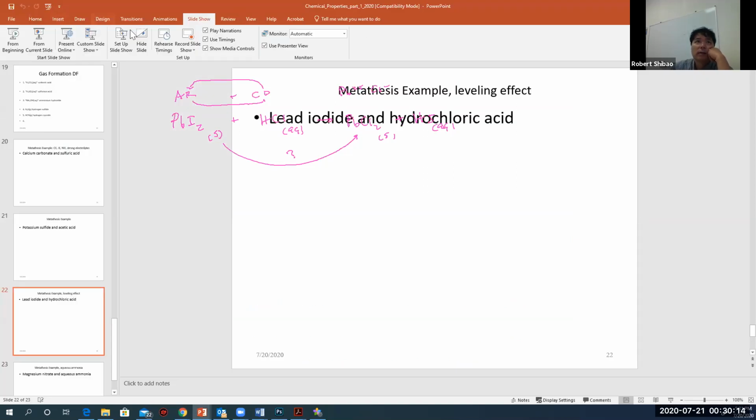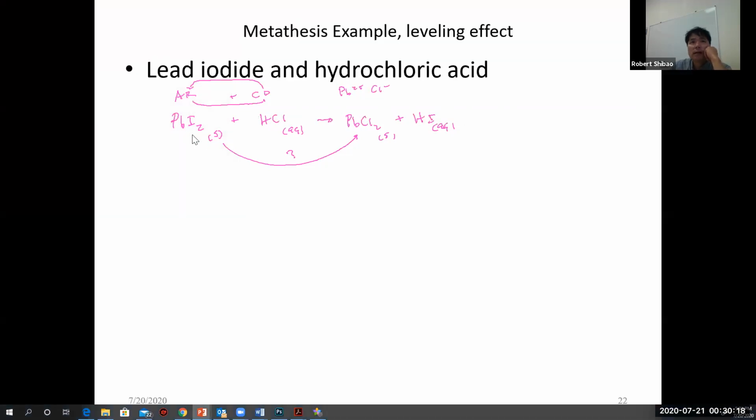And so when we come back to this, PbI2 is a lot less soluble, so it turns out this is more stable. This has a much lower solubility, and so this is not a driving force. But that's okay. We don't need it to be a driving force because reactions still may occur here.